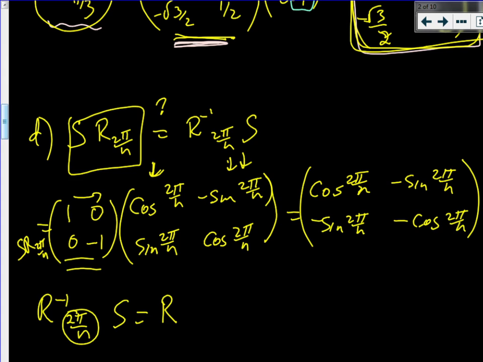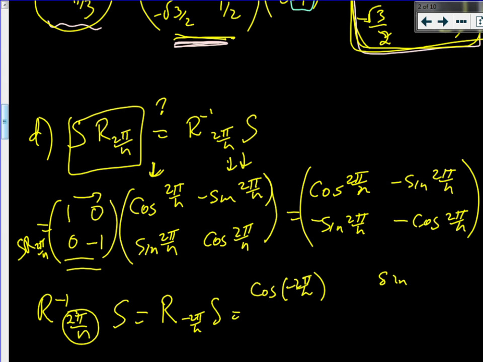This is just regular R rotating 2 pi over n times S. This is the cosine of negative 2 pi over n, or negative the sine.